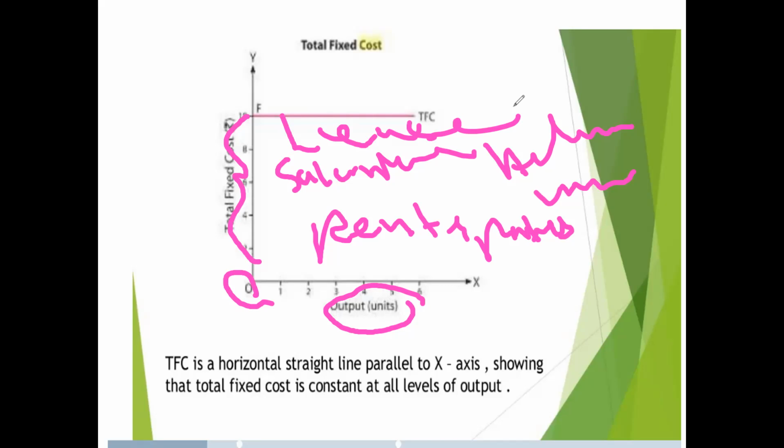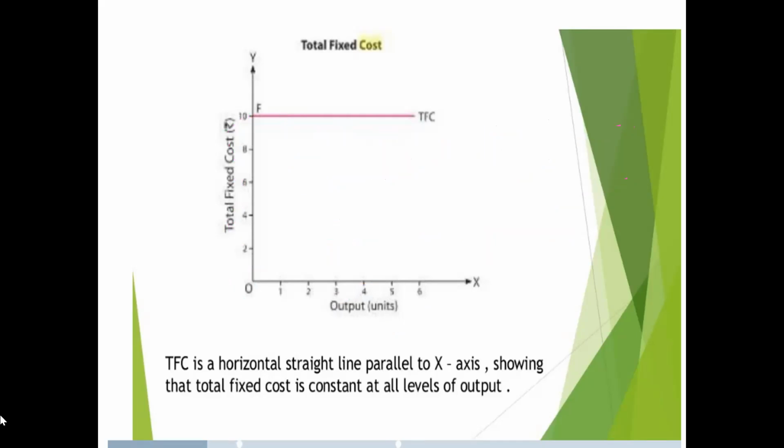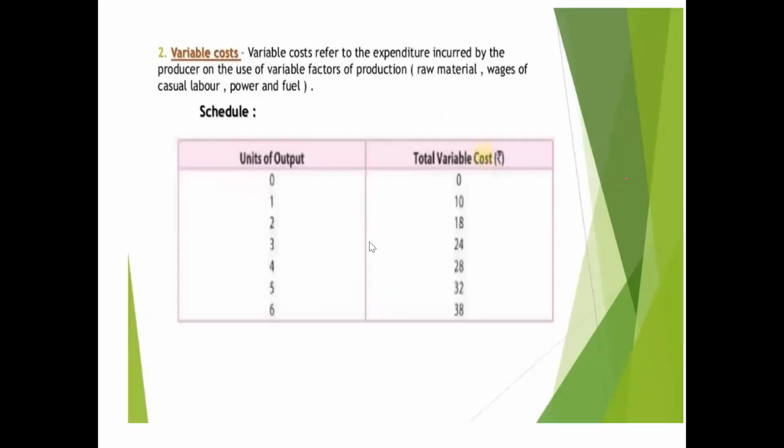Therefore, those types of expenditures we consider as fixed cost: rent and rates, salaries for administration people, leasing payments, depreciation. Sometimes the basic rental payments for electricity and telephone are also considered fixed costs.